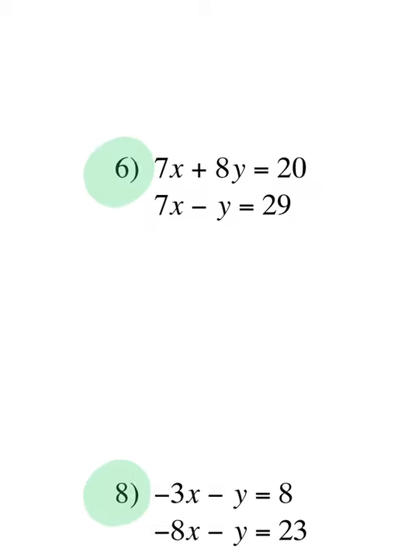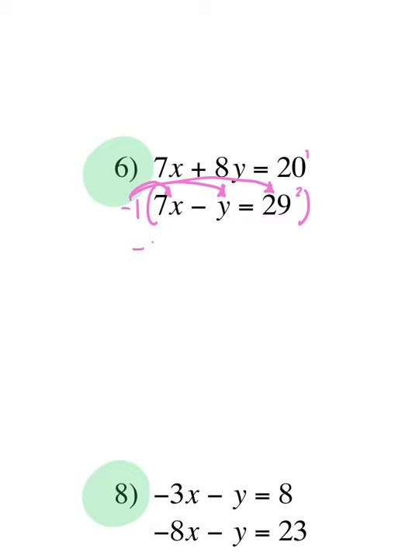So let's just do number 6 together here. So the first thing I need to do is choose one of the two equations. So here's 1, here's 2. One of the two equations, and I'm going to multiply by negative 1 so I can eliminate one of the 7 x's. So I'm just going to multiply this bottom one by negative 1. And when I do that, I'm distributing to each of the components.